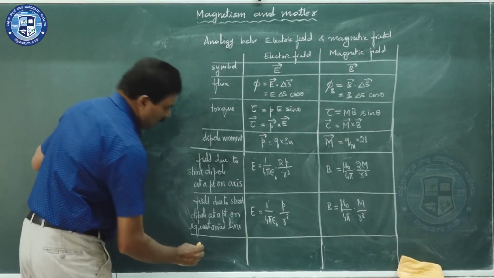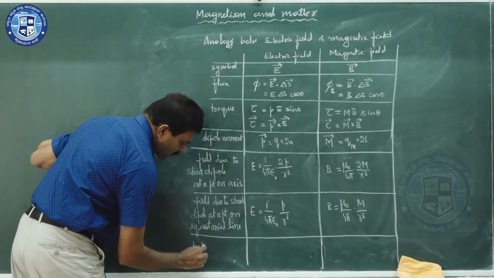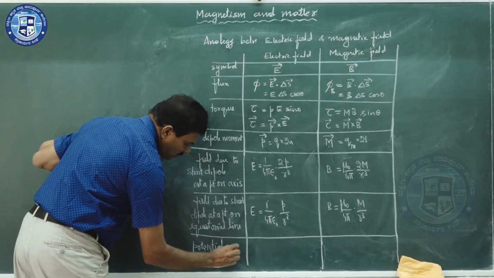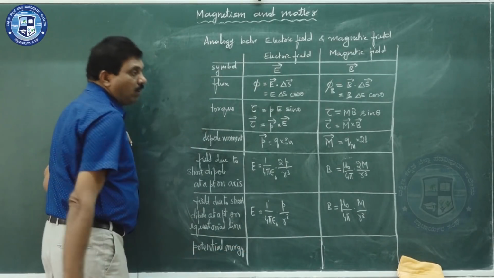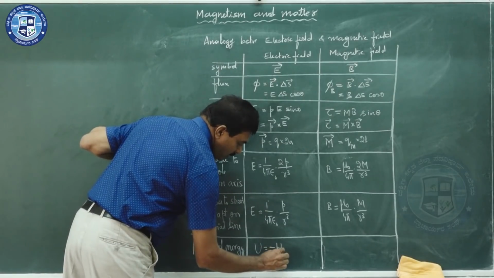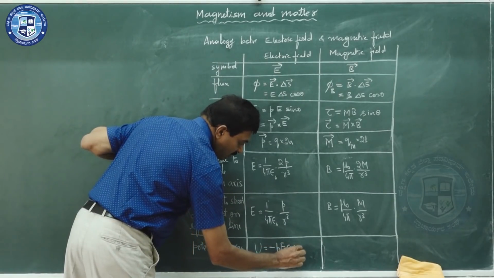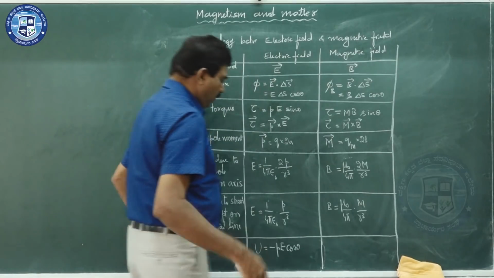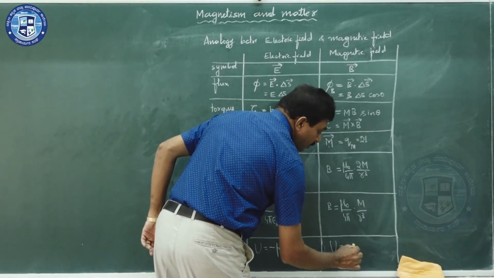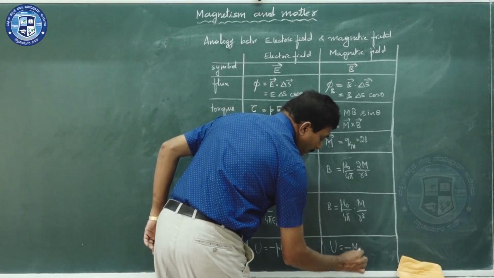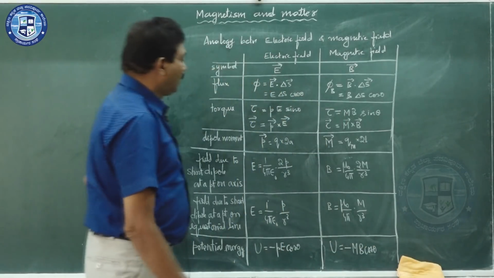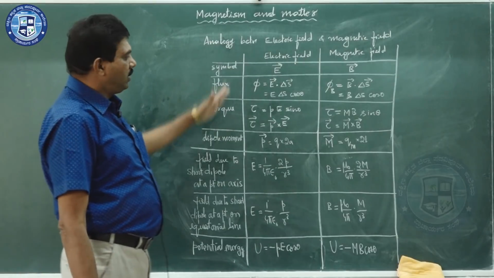Next, it is potential energy. What is the expression for potential energy of electric dipole? It is minus P E cos theta. What is the formula for potential energy of magnetic dipole? It is minus, instead of P you have to take m, B, then cos theta. So, look at the similarities. How many similarities you are getting?